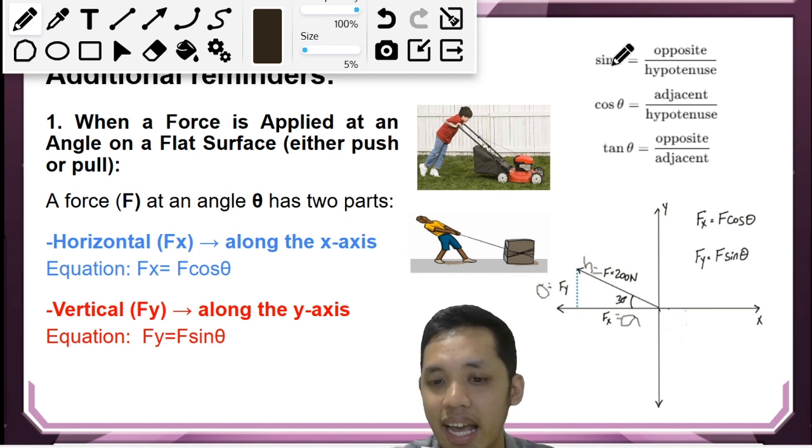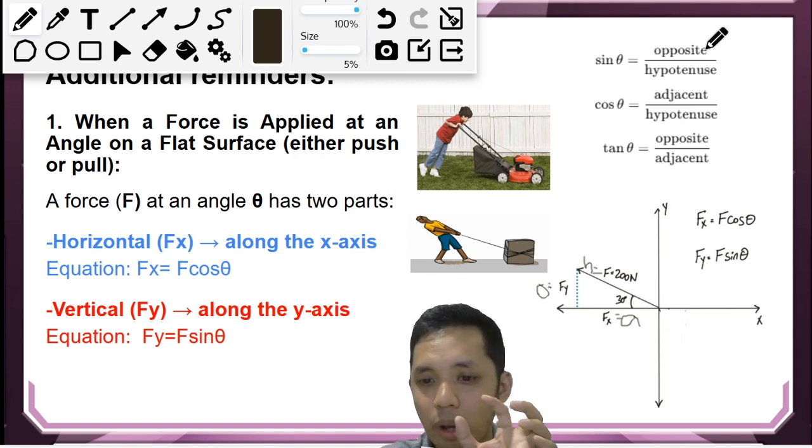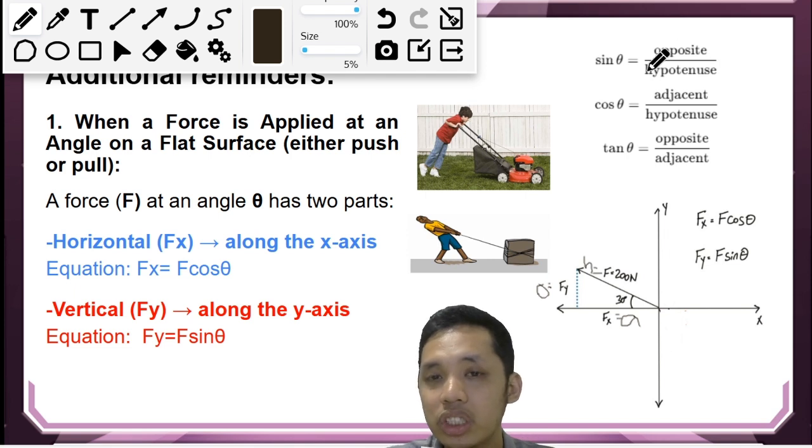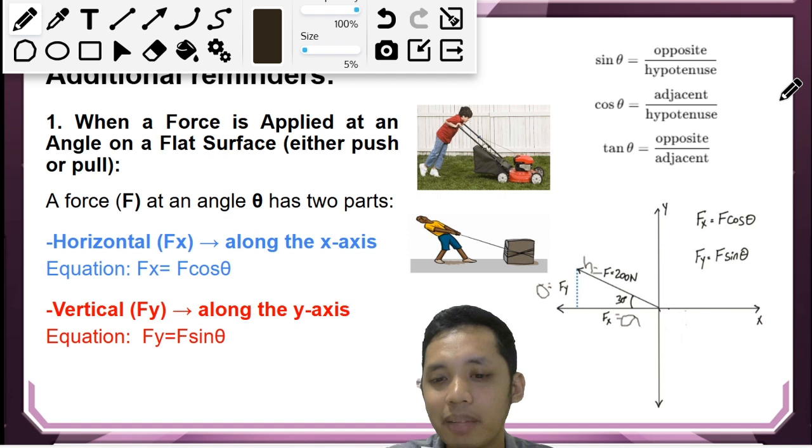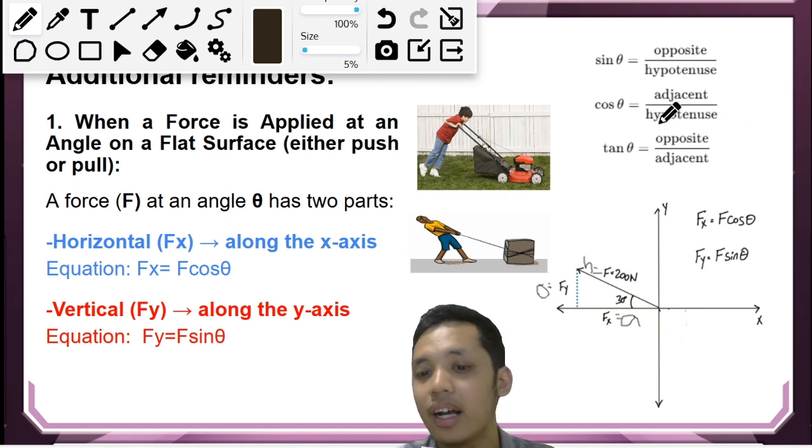SOH meaning sine theta is equal to the O, which is opposite, divided by the H, which is hypotenuse. Okay? CAH, meaning cosine theta is equal to adjacent divided by hypotenuse.